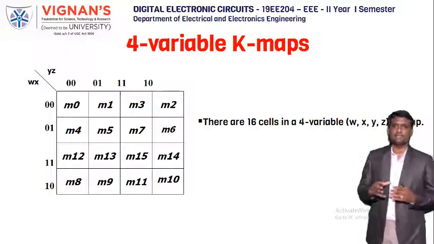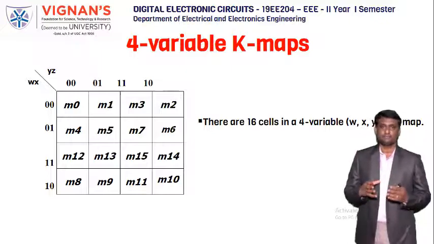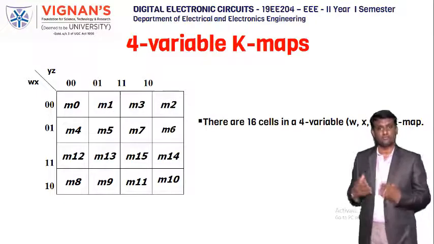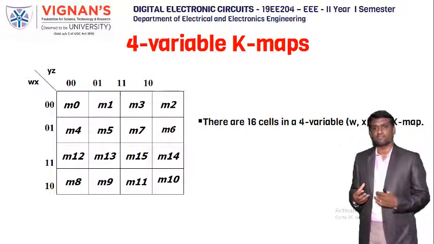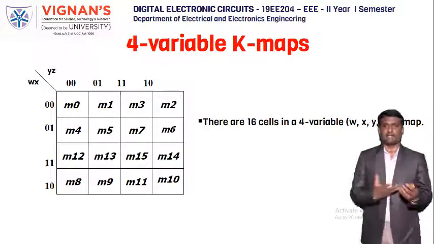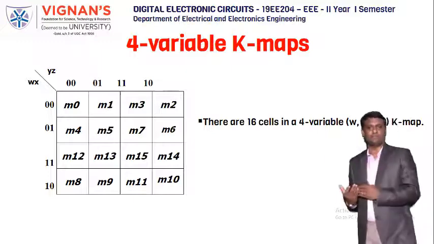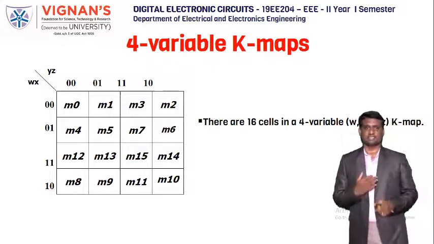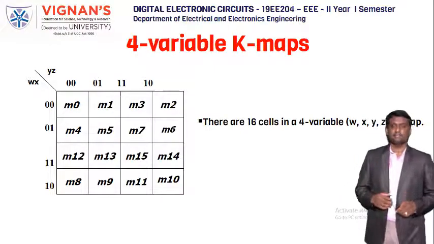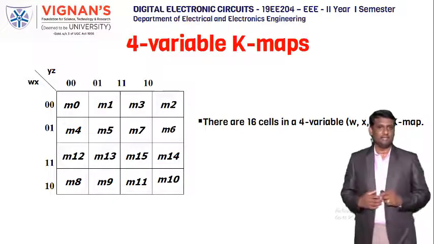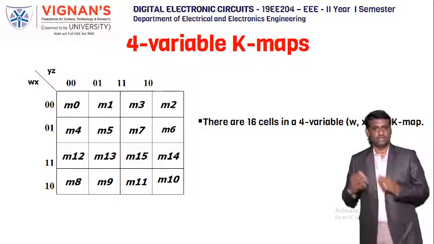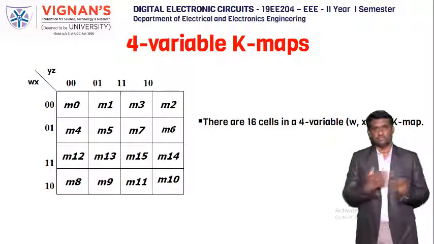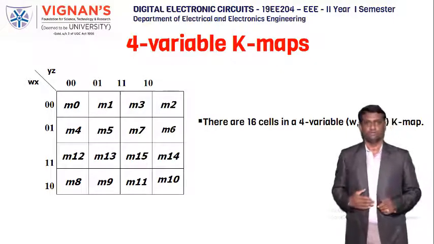These are the cell numbers assigned to each cell of the 4 variable K-map with the help of variable combinations of rows and columns, like in the 3 variable K-map representation. So the total number of cells is 16. Like that we are representing 2 variable, 3 variable, 4 variable, and we can extend it to 5 variable and 6 variable also.